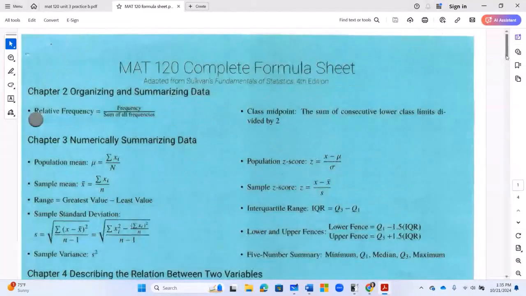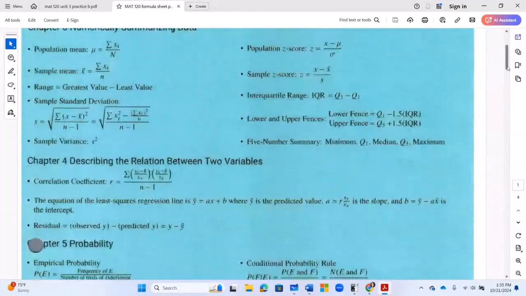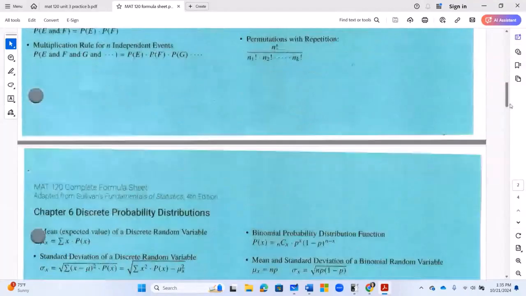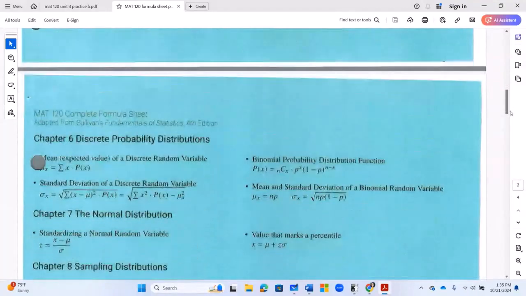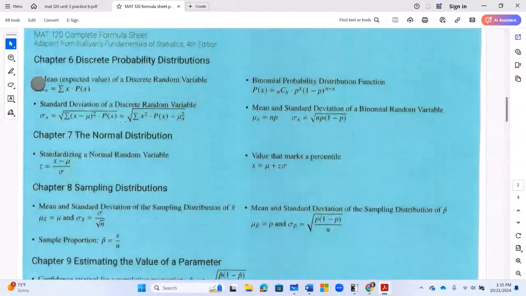You don't really want to do it that way. So we're talking about chapter 6, discrete probability distribution. Anytime you are told to find the mean, you could use this formula if you don't want to use your calculator. But if you use your calculator, it's easier for you.